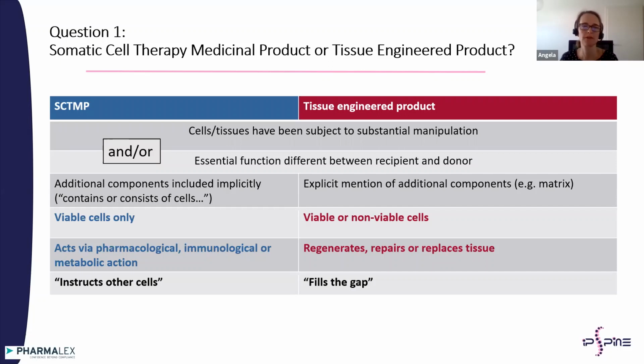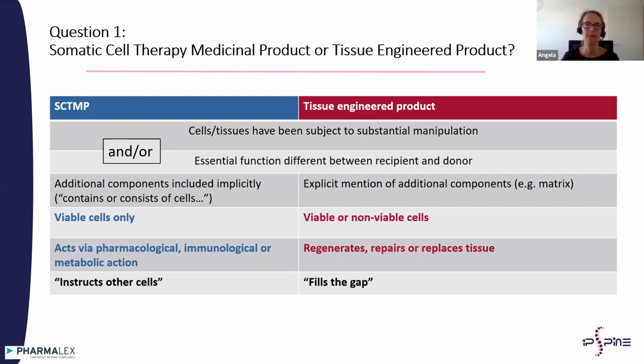One word of caution, nevertheless, in the end, the world is typically not black and white, and it is not blue and red either. So it's very difficult very often to draw a clear line between these two product types. And many, and I believe also our product, have some features of both products.